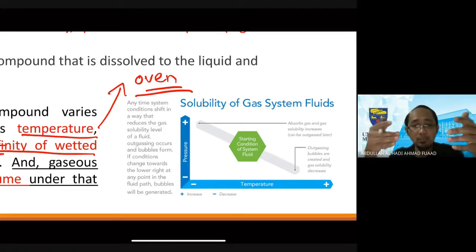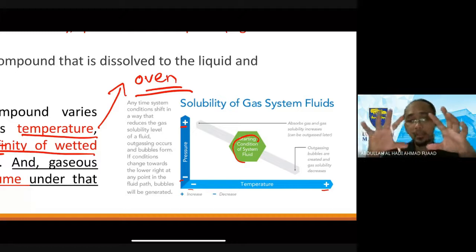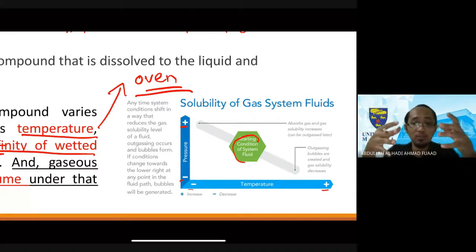And lastly, this is a figure showing the relationship between pressure and temperature. You can have high pressure over here, low pressure, low temperature, and high temperature. The starting condition of a fluid system is normally somewhere in the middle. Pressure is not too high, because if you're working at room temperature, standard room temperature is about 25 degrees, and standard room pressure is about 1 atmosphere.